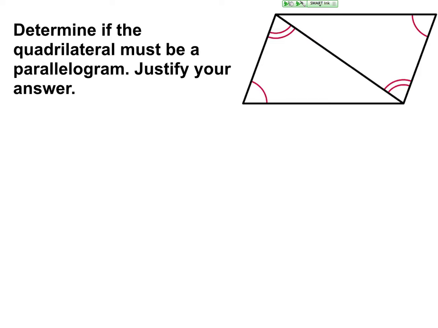Show me what reason you're thinking, Connor. Well, you could use alternate interior angle. Okay, what can I get from alternate interior angles? That the lines are parallel. Okay, so that would be this one parallel to this one. Would it be the bottom one parallel to the top? No, because I can't make a Z with the angles that are marked going that way.